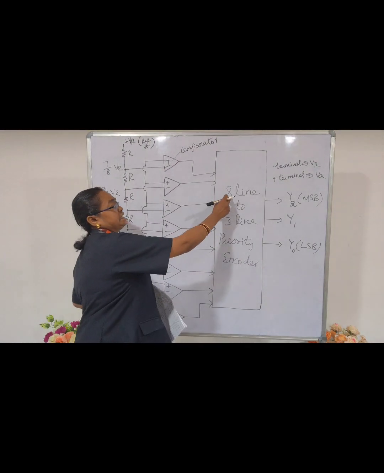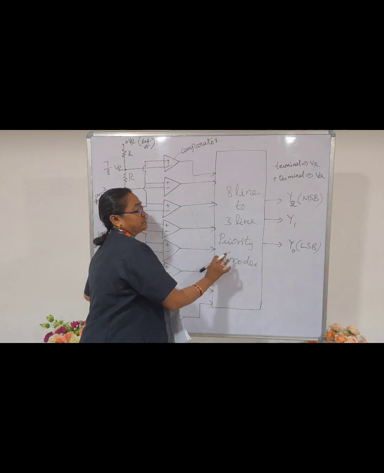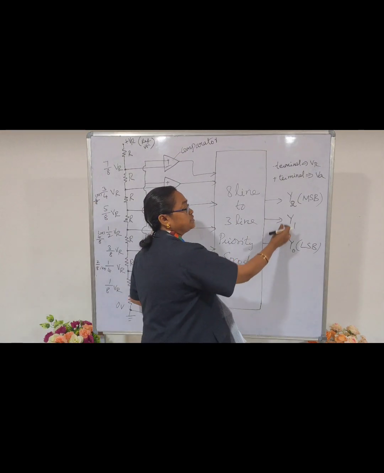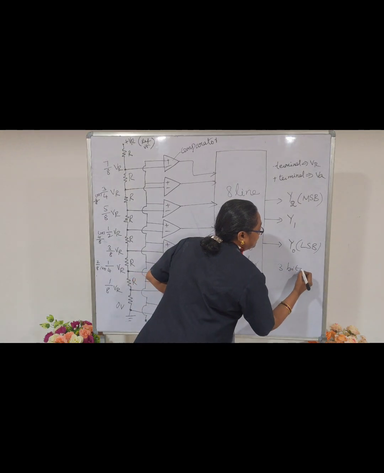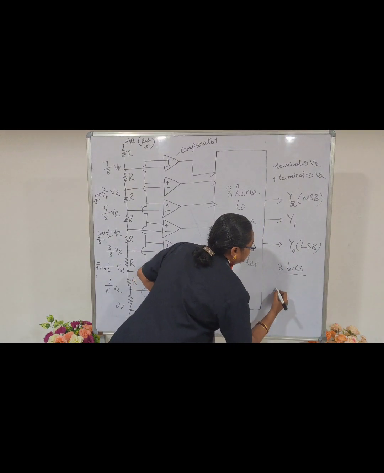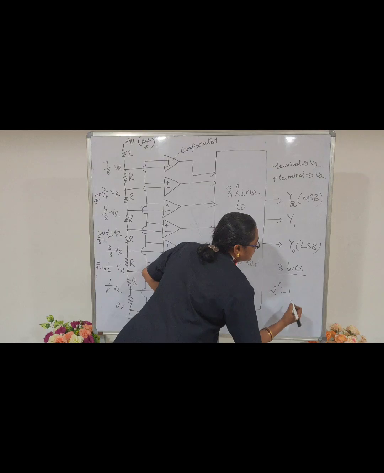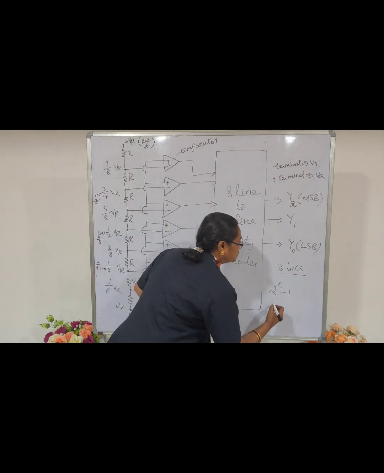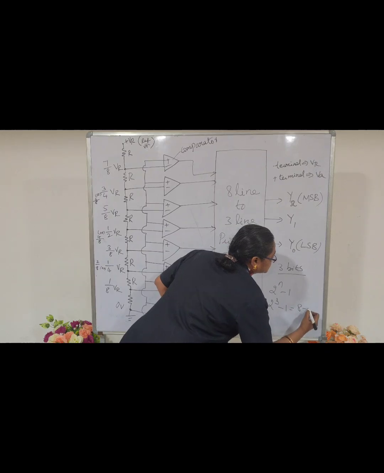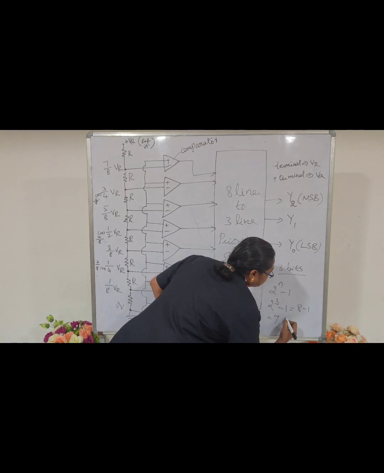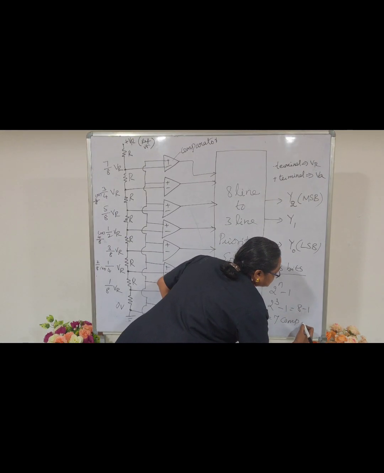Here we are using an 8 line to 3 line priority encoder. So if it is 3 bit, we need 2 power n minus 1 comparators. That is 2 power 3 minus 1, that is 8 minus 1. 7 comparators we need.